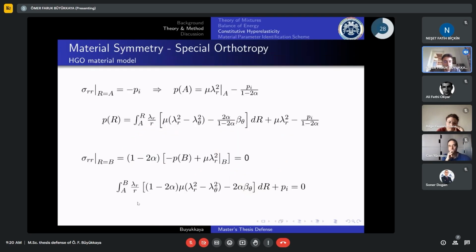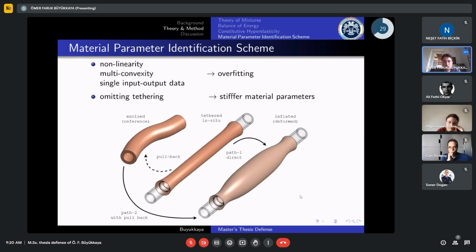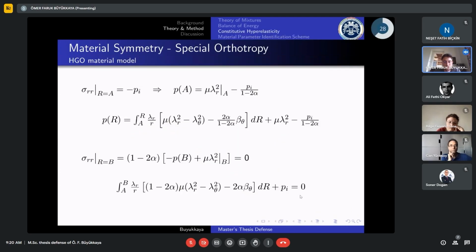We actually get the material constants by fitting this equation to the output of the material pressure myography experiment, which is pressure-radius data.